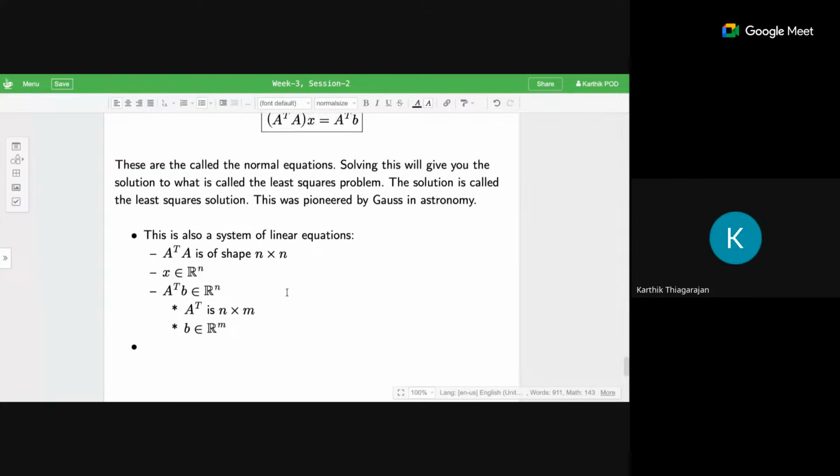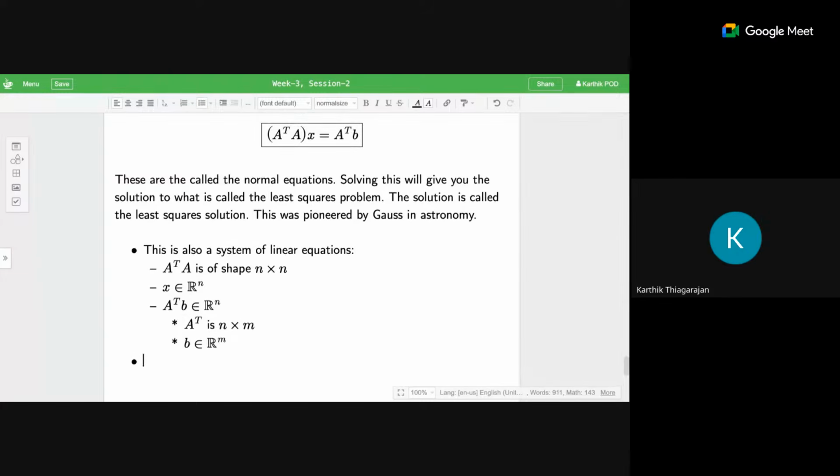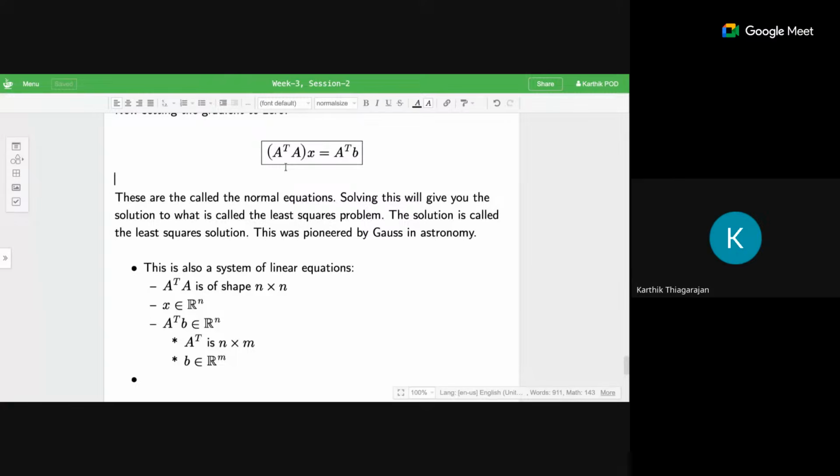Now, there is an important question that you should ask at this point. What is the question? Does any question arise in your mind? What do you think about this system? What if this system is not consistent?